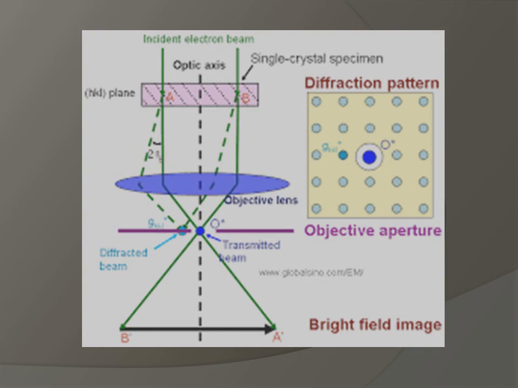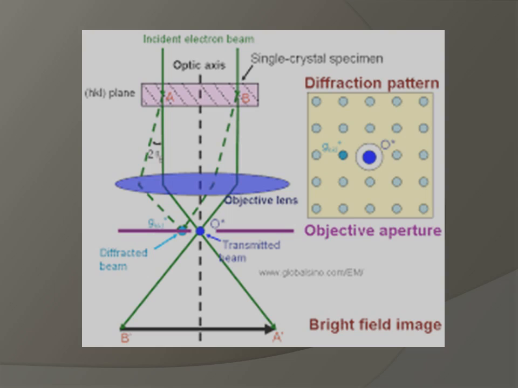There are 2 types of image found in this particular TEM technique. One is the bright field image, another one is the dark field image. This is the diffraction pattern obtained on the fluorescent screen, and this is the bright field image. The characterization is taken in a bright field image, and there is a difference in the diffraction pattern.